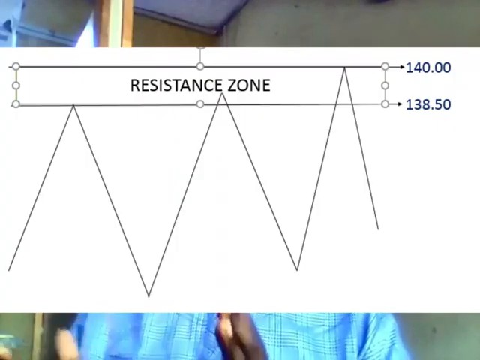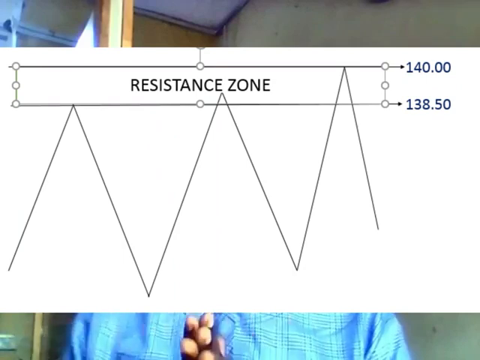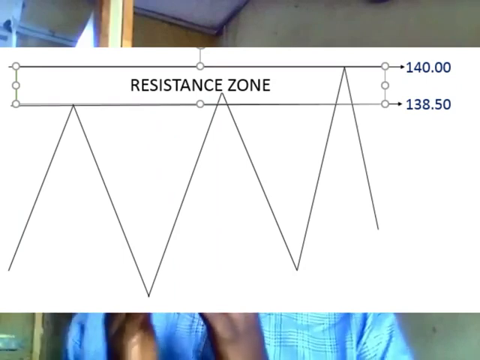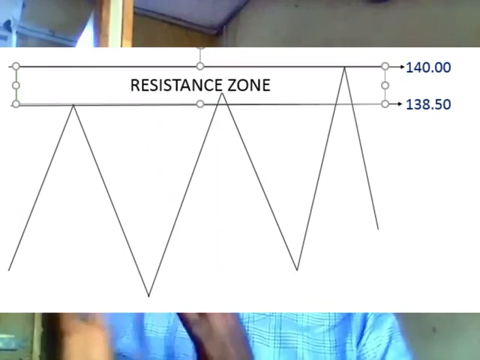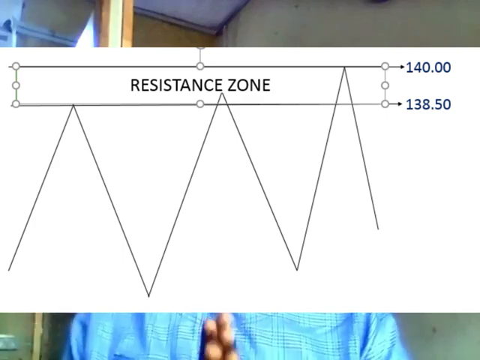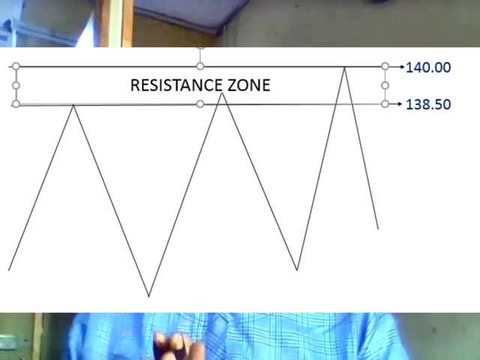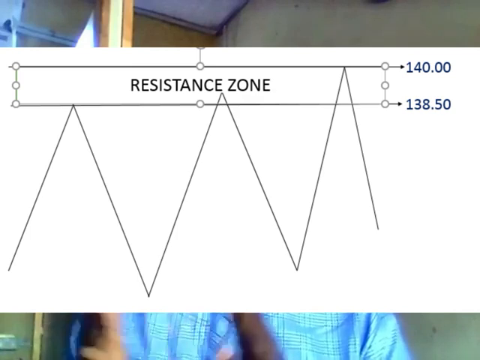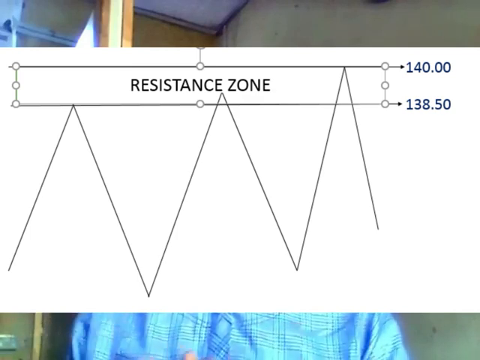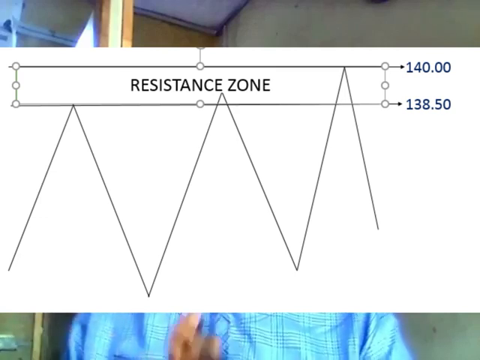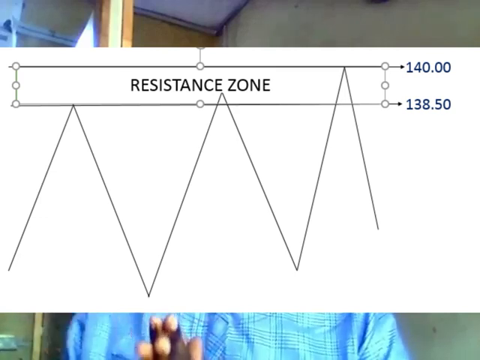Let me give you an example quickly. If on the 1 hour time frame, price reaches a resistance at 138.50, on the 4 hours time frame, it reaches a resistance at 139.00. On the daily time frame, it reaches a resistance at 140.00.